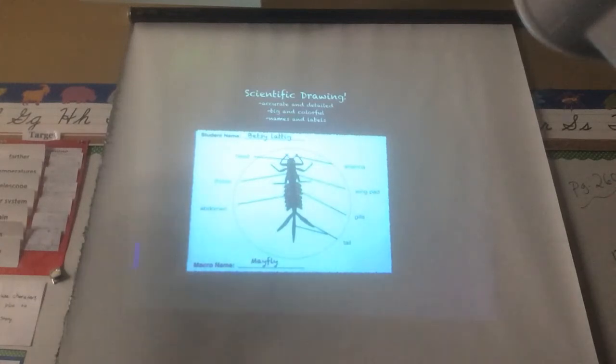If you're holding them and you need to see the bottom of your macro, are you going to turn it to the side or anything? No, just do like this, guys. Just look like that, okay? Some of them are really small. This actually has a chemical in it that keeps them preserved. So that's what's actually inside of it, okay? We're not going to mess with the caps or anything like that. Are you with me?